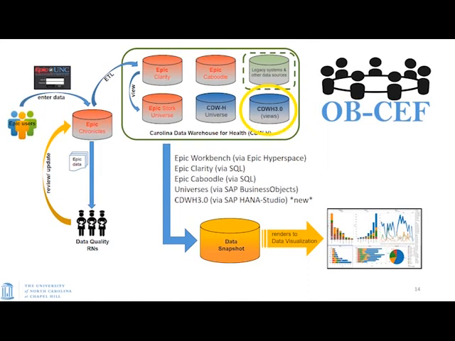These are basically views that are collected now from Epic Clarity and Epic Caboodle. And those views, and this is great for somebody like me, now as a user, as a super user, I can go and access these views using SQL.